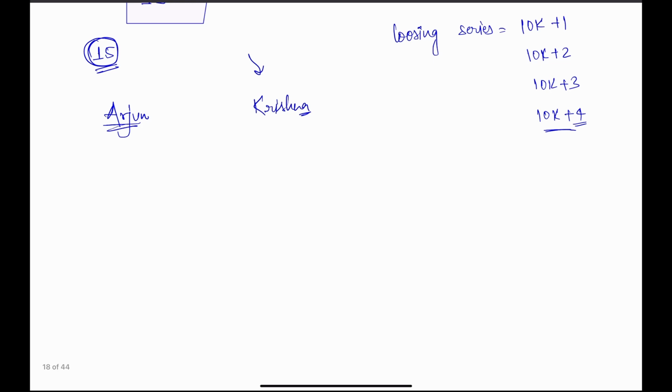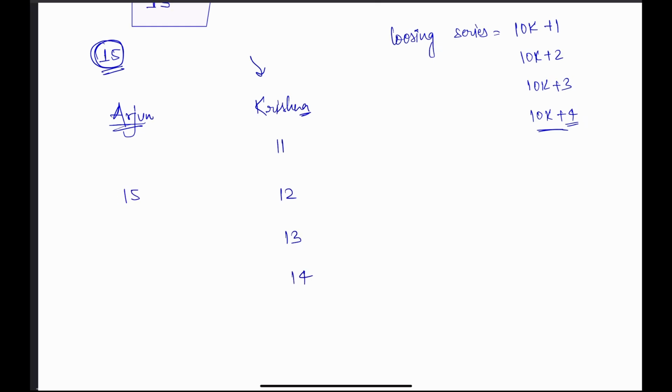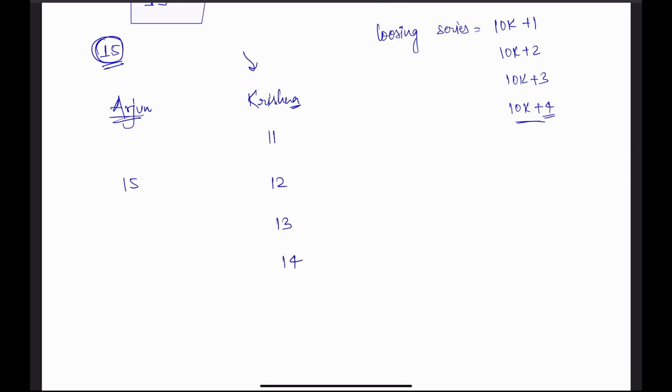Okay, so let's just start. If 15 coins are there, Arjun will want Krishna to come at 11, or Krishna at 12, Krishna at 13, or Krishna at 14, and here is Arjun. So can Arjun take one coin?